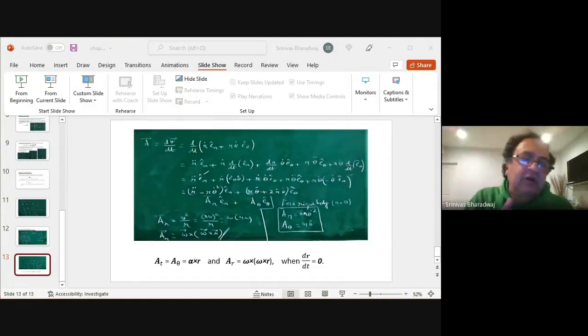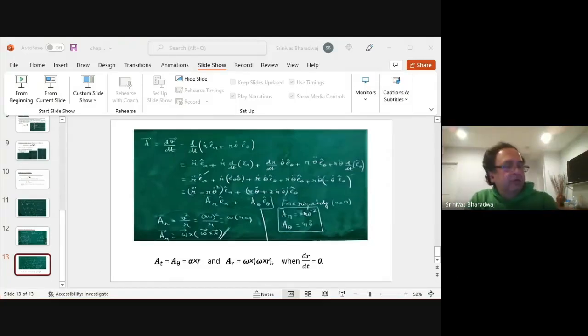The velocity is always only tangential. The acceleration, on the other hand, can be both tangential and radial.